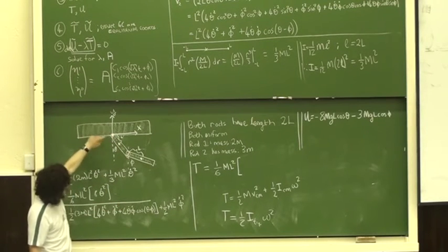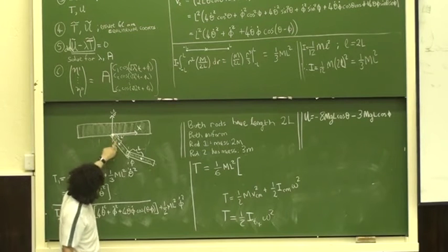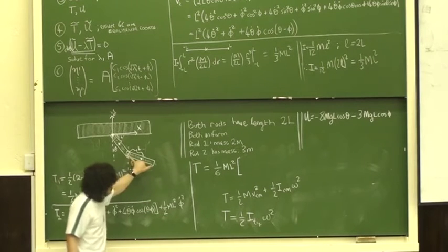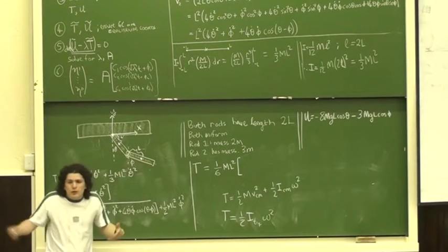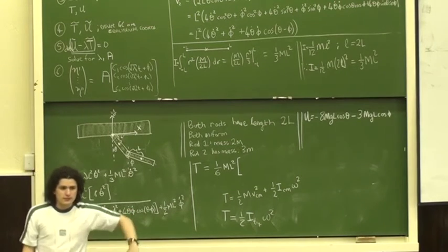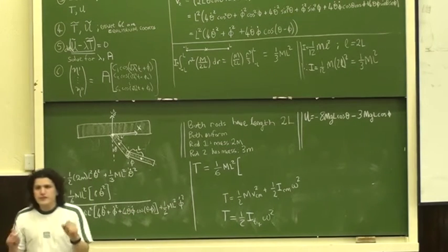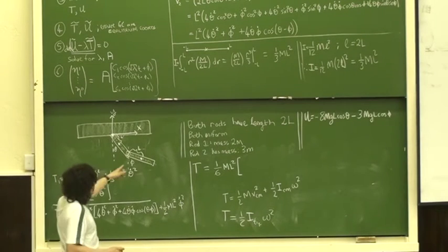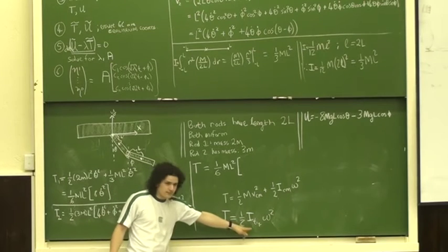I can compute the kinetic energy of this rod without working out the center of mass. I can just work out that. But for this bottom rod, I can't do that. Because what point on the bottom rod is fixed? No point. They're all moving. There's no fixed point on that rod. And because there's no fixed point on that rod, I cannot write this.